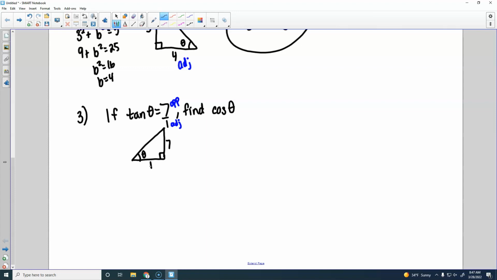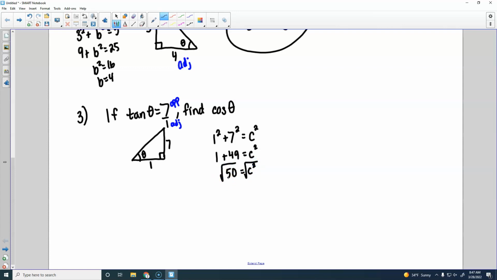So to find that missing side, I need to do Pythagorean Theorem. So I do 1 squared plus 7 squared equals c squared. So that's going to be 1 plus 49 equals c squared. 50 equals c squared. And I will square root both sides.